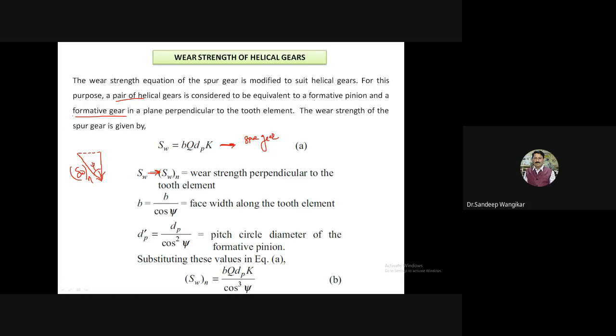So Sw will be replaced; for this case it is Sw, for our helical gear it will be replaced by Swn, wear strength perpendicular to the tooth element.